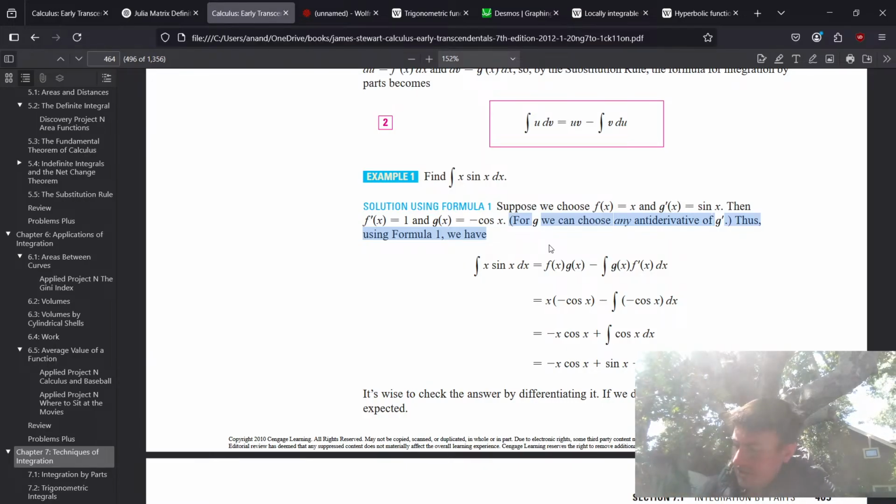So f of x is equal to x, g of x is equal to minus cos of x. So then dg dx is equal to sine, and dg over sine is equal to dx.